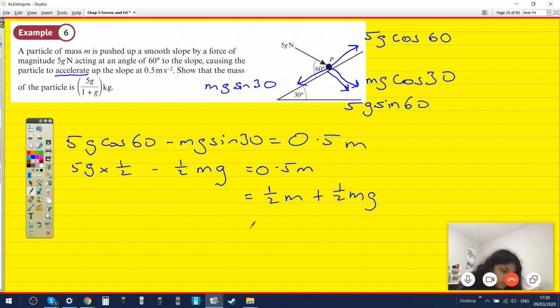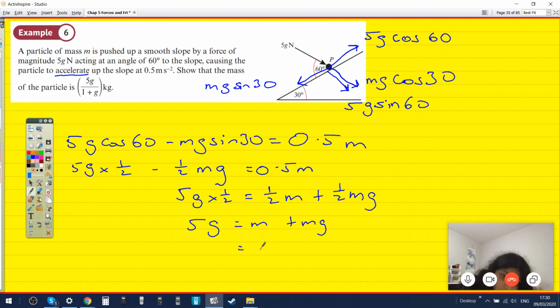I didn't actually do that, but that gives you 10g is equal to 2m plus 2mg. And then you can factorize out 2m. But then you get 10g over... Oh, I guess you could divide both sides.